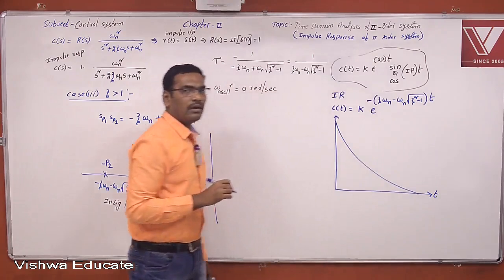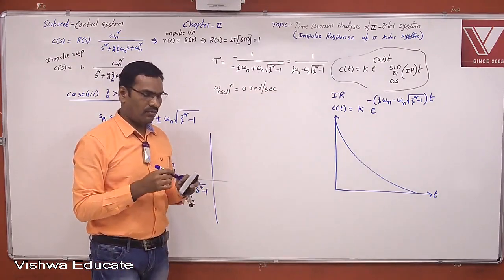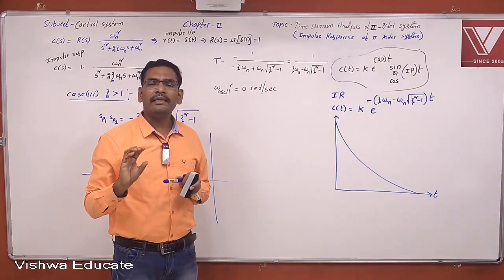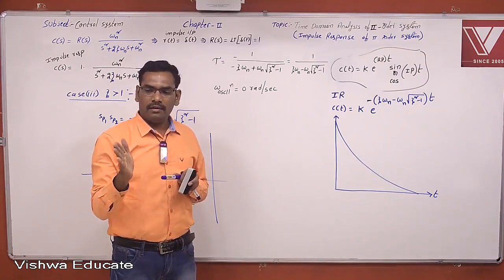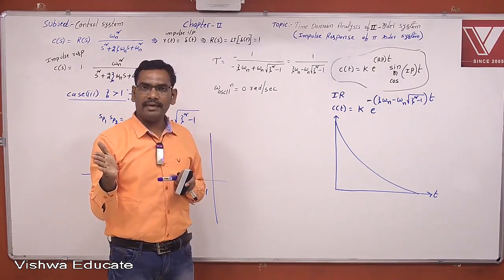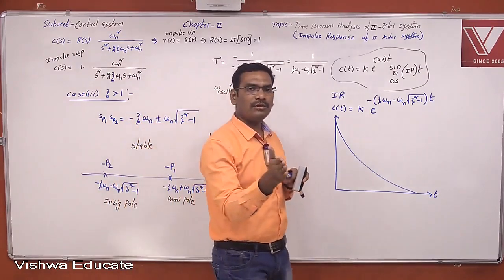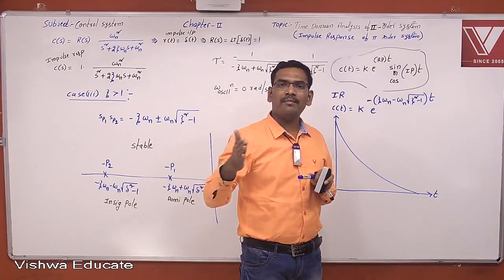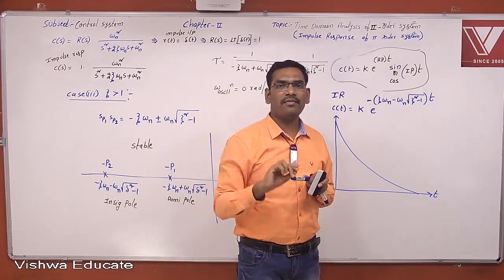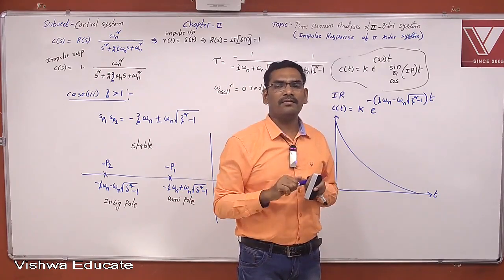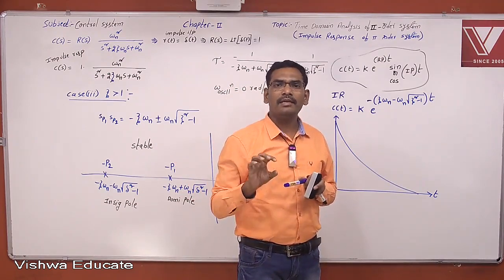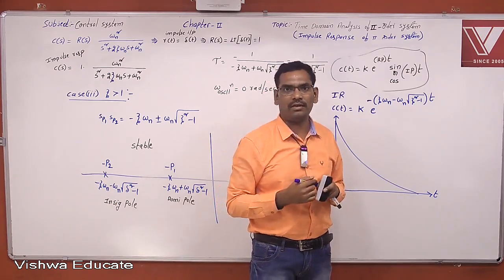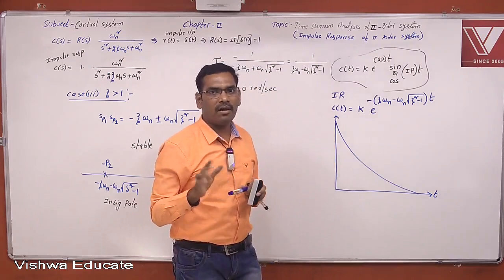Now just recollect what we covered previously. For zeta 0, it is completely oscillatory in nature. Now you come from completely oscillatory nature at zeta 0 to zeta 1. When you come to zeta equal to 1, the oscillation nature is completely gone, because the frequency of oscillation, which was omega n, is now 0 radians per second, but it just produces a small positive half cycle, that is a damped oscillation.